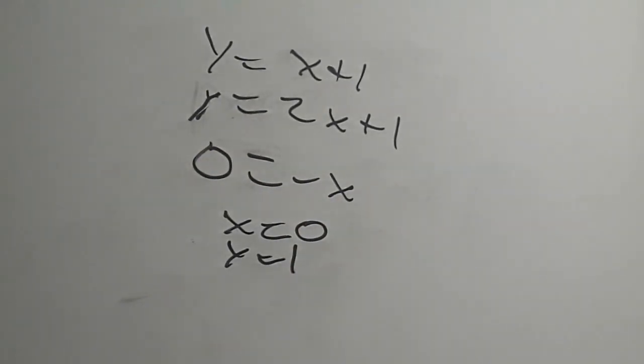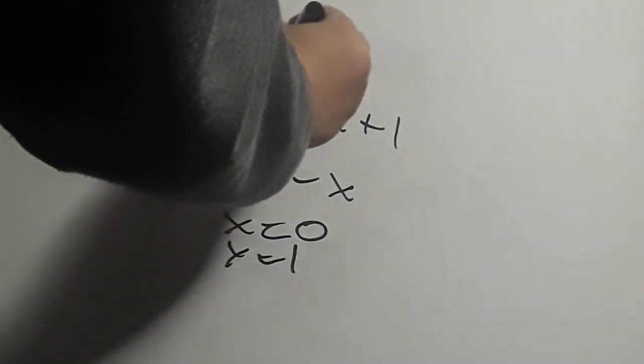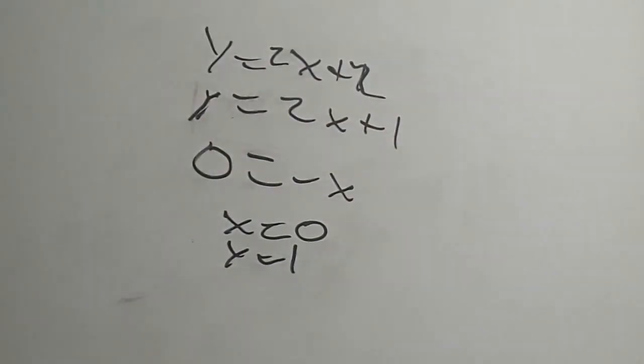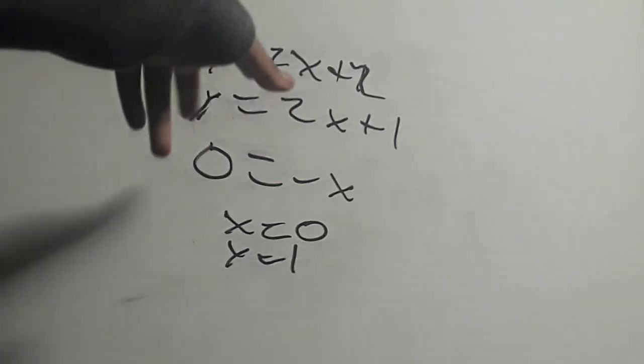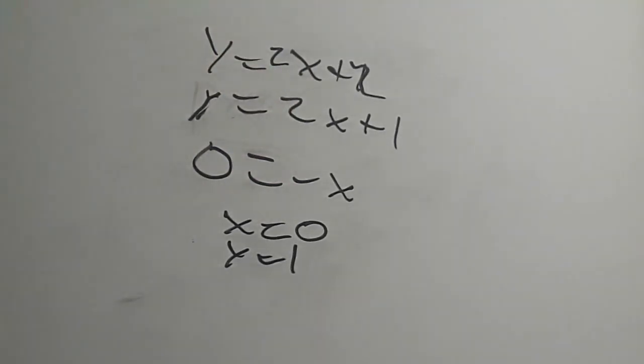Alright, now let's just backtrack a bit, because let's say that you had 2x plus 2 and then 2x plus 1. Now, here's where the issue comes in, because if you subtract everything here, then you get 0 equals 1.